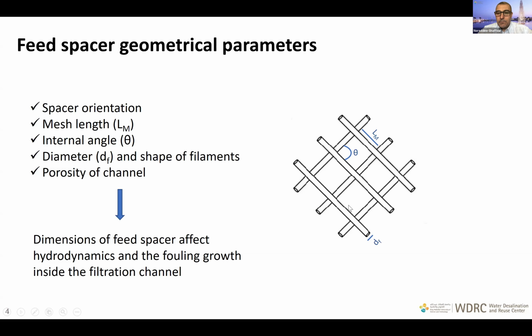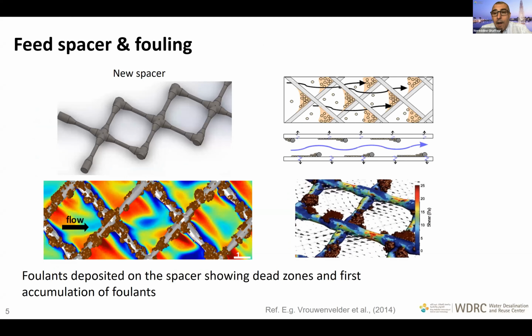This is mostly plastic based, so the less material, the better. And these dimensions of feed spacers affect the hydrodynamics of the fouling growth inside the feed channel, as you can imagine. So how do the feed spacers promote fouling?